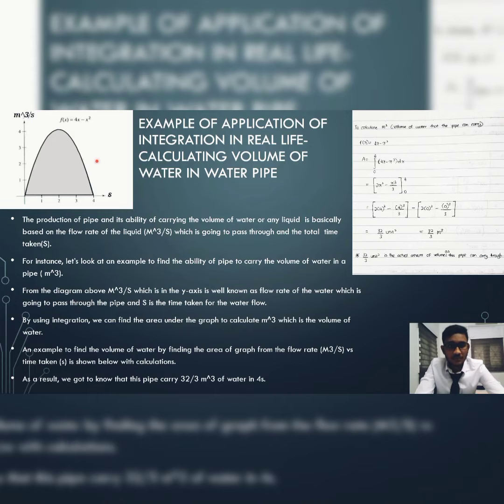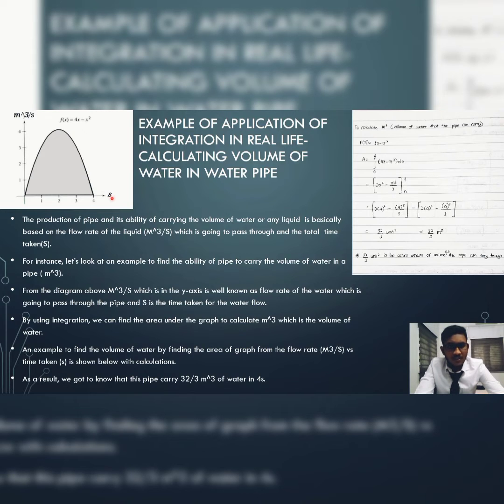For instance, let's look at an example to find the ability of the pipe, or the total volume of the pipe. From the diagram above, meter cube per second, which is on the y-axis, is well known as the flow rate of the water, and the time taken, which is on the x-axis, is the total time taken for the fluid to pass through the pipe.